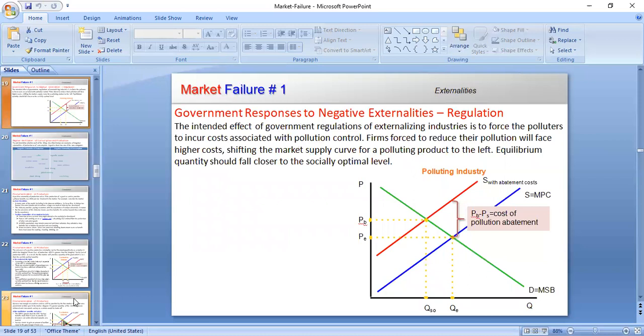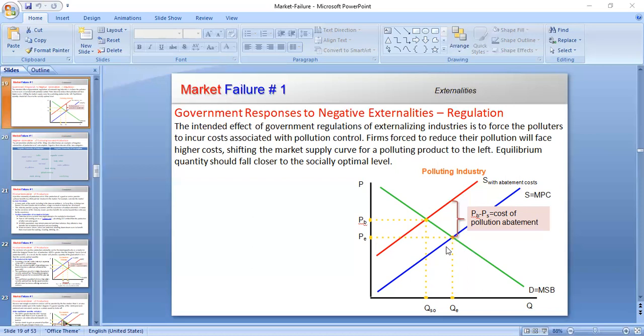So with regulations, for the polluting farms, we realize that this is the same curve that we looked at of pollution, where we saw that the marginal social cost is greater than the marginal private cost. And we saw that this kind of curve explains the negative externality in production, which is, for example, a polluting industry.